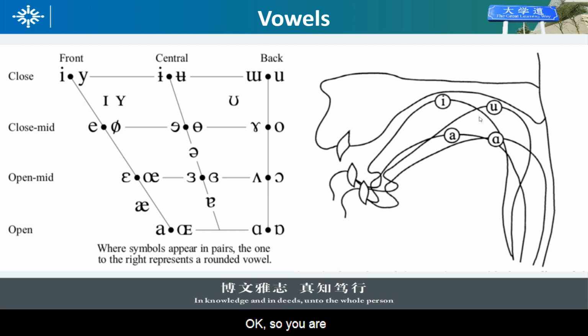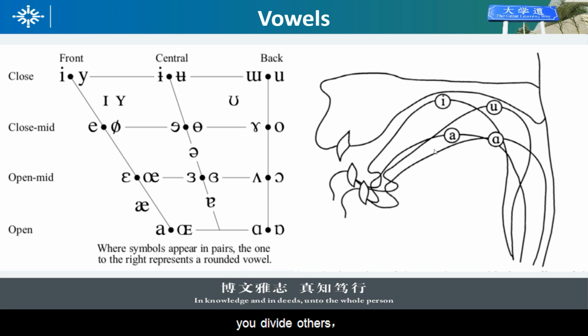So you are putting your tongue in different positions, in different ways: front up, lower front, upper back, and lower back, right? And then you can locate the different positions of different vowels here.